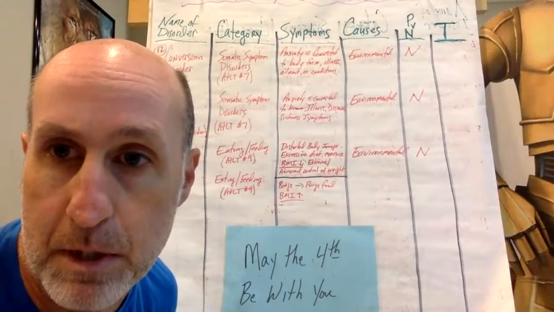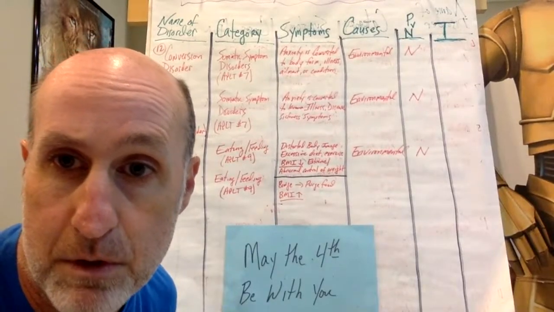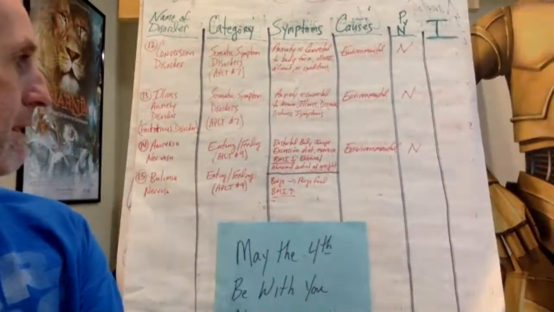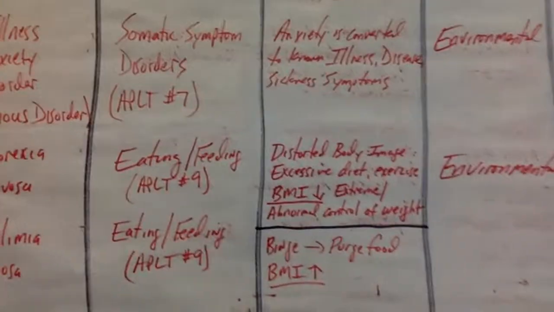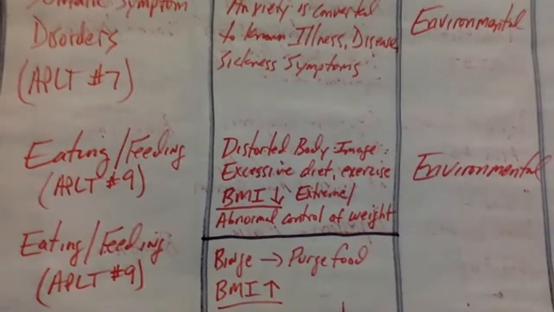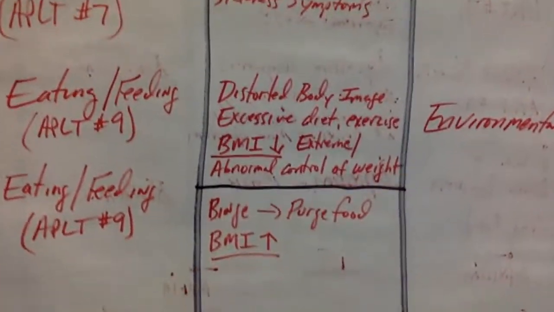I got a question here, Emma. What does it say right after low BMI in the symptoms? I think extreme abnormal control of weight. Is that what you're looking for, Emma?